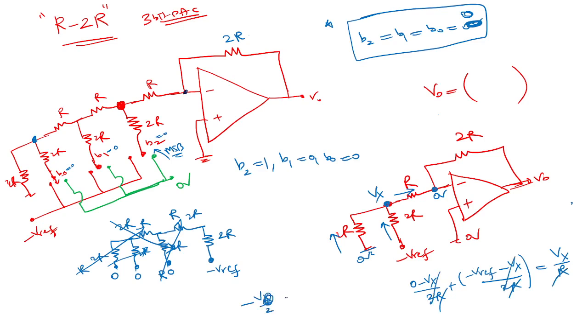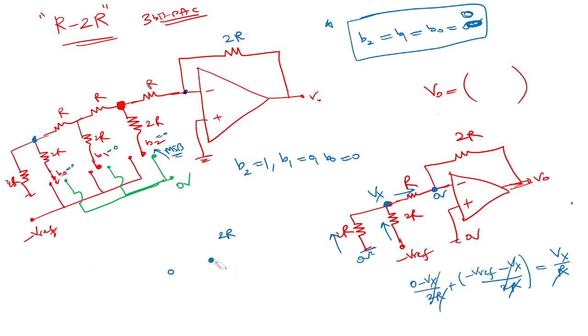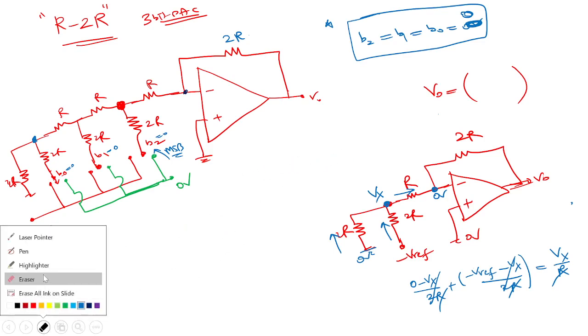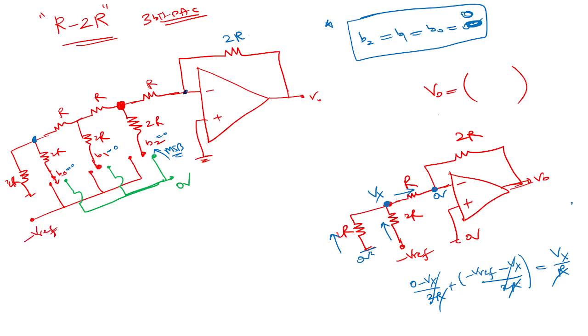Okay, calculate and tell me what is that. Minus Vx by 2 minus V reference by 2 minus Vx by 2 is equal to Vx.